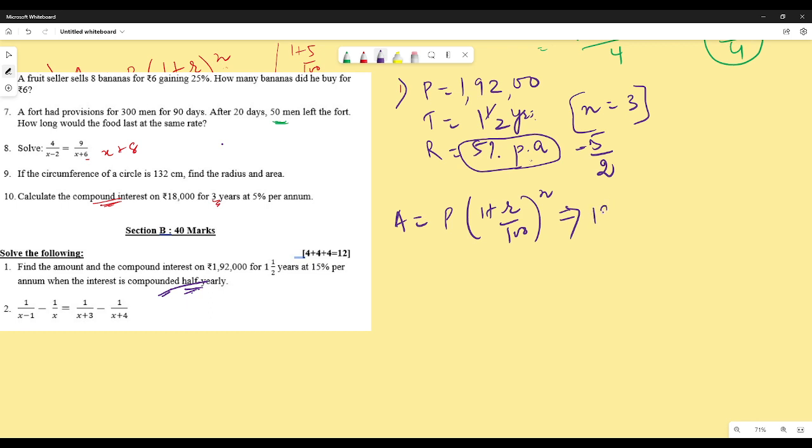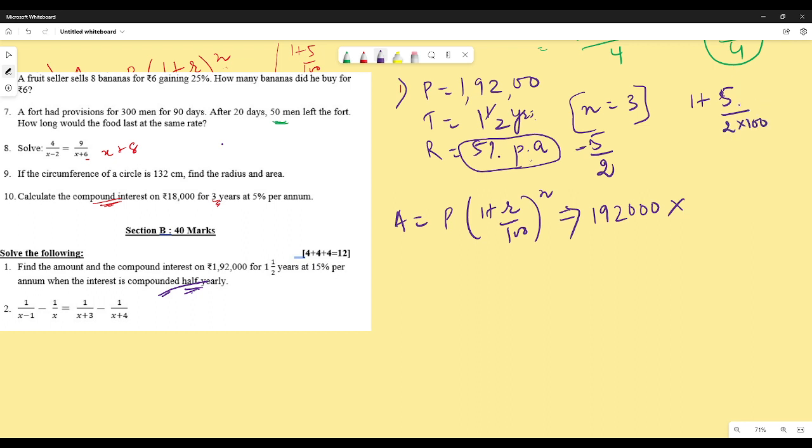Principal is 192000 into, now let us calculate this part. What should this part come to be? N we already know is 3. So this is 1 plus r by, sorry, just a minute, 1 plus 5 by 2 into 100.